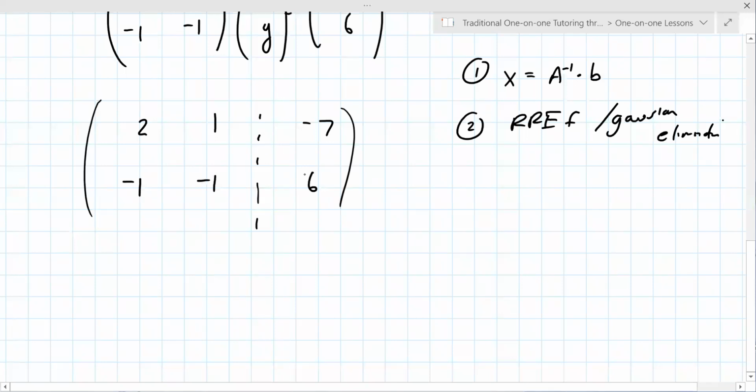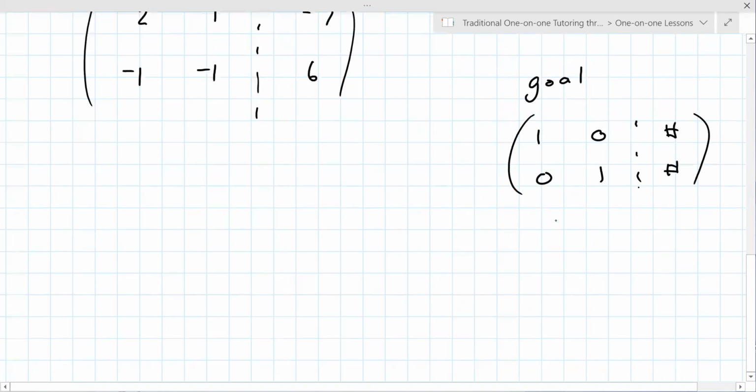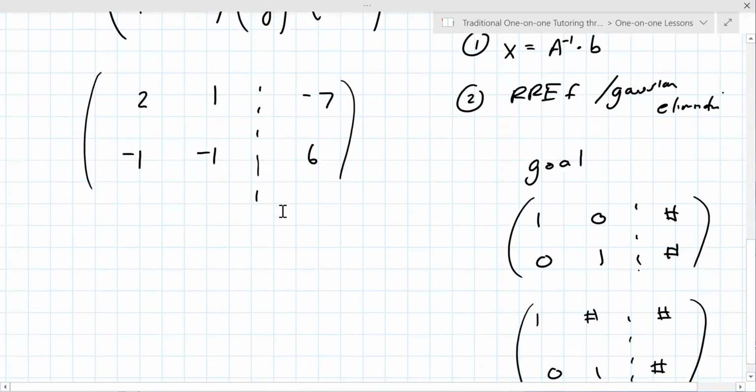The first thing you do is try to reach your goal, which I'll write over here to the right. Your goal is to get this down into [1, 0, a number; 0, 1, a number]. Alternatively, you can get this down into 1, some number, 0, 1, some number, and that's also enough to solve it. We'll talk about how to do that in a moment.